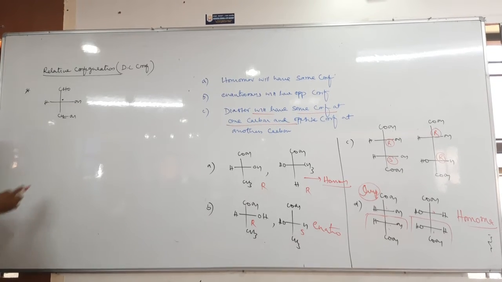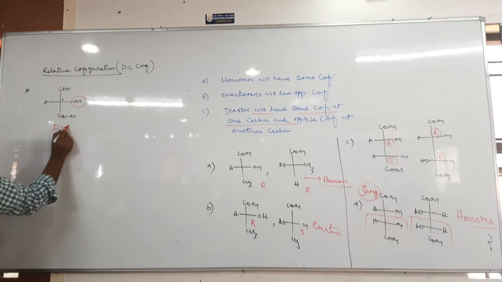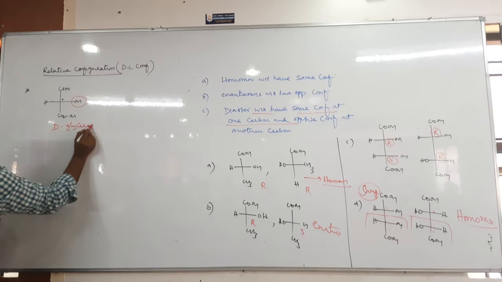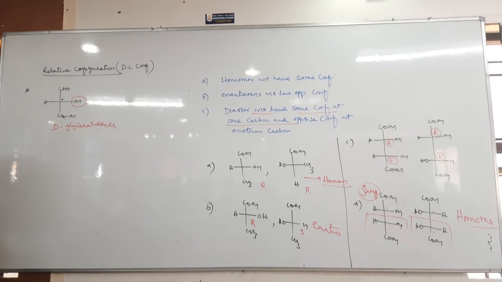On the asymmetric carbon, if the OH group is on the right side, it is called capital D, that is D-glyceraldehyde. Remember, this D is not dextro-levo. Small d is dextro, small l is levorotatory.